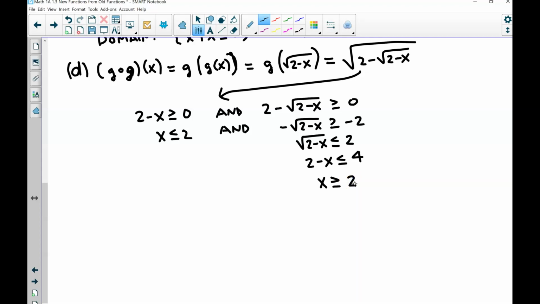So what that means here is that you have x is less than 2, and you have x is greater than 2.